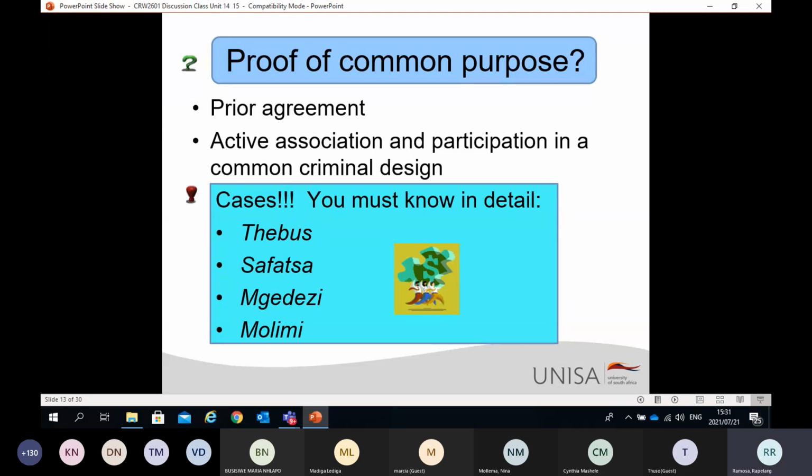But then the court stressed that what is important is that there must be a demonstration when looking at each individual accused's conduct. We must be able to conclude beyond a reasonable doubt that the accused manifested by their conduct an active association with the criminal design or the goal of the group.